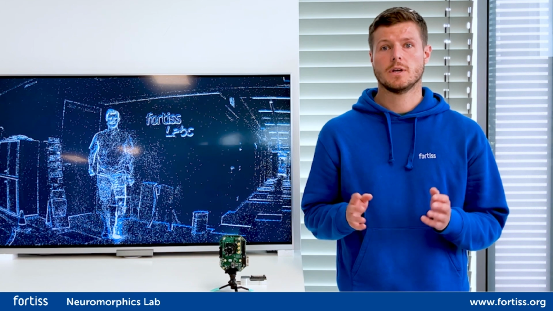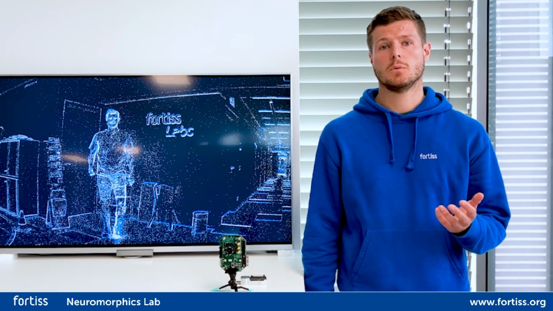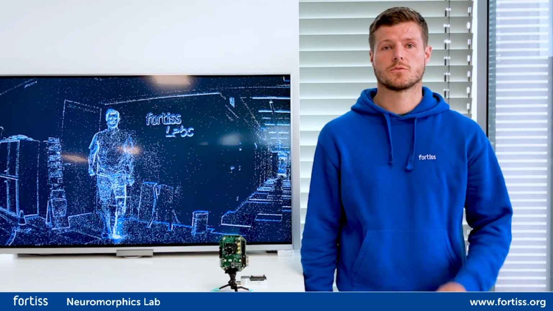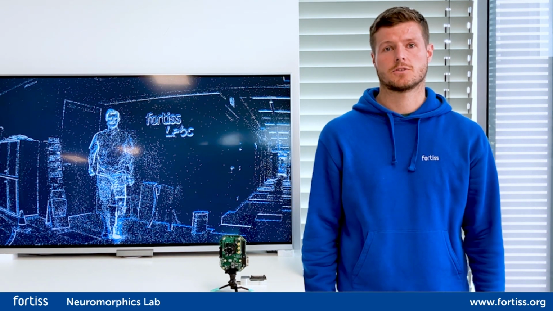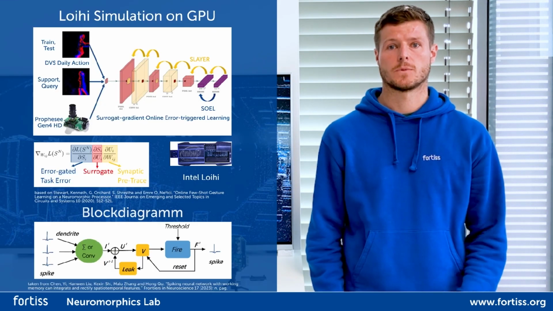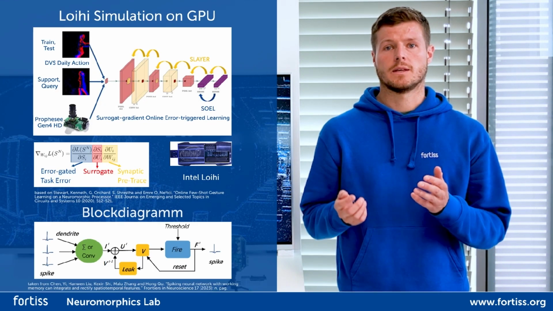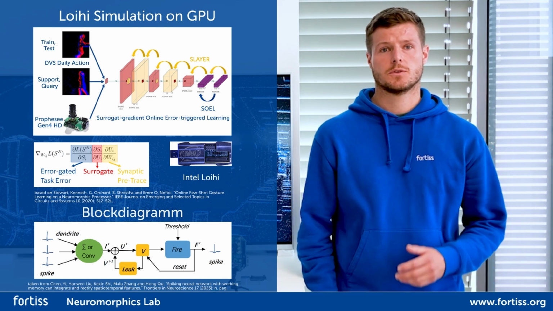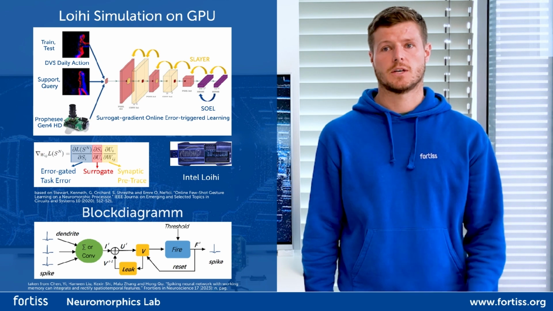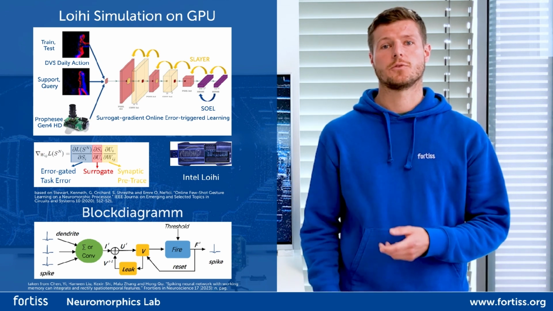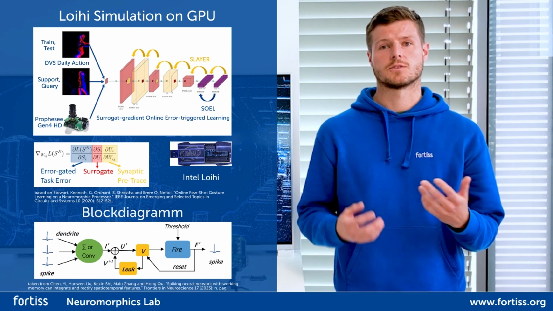We emulate the spiking neural networks on GPU, which enables us to make use of deep learning frameworks like PyTorch and their auto-differentiation tooling. We implement the spiking neural network as a recurrent neural network with binary activations and also a feedback connection to itself, so an internal state.